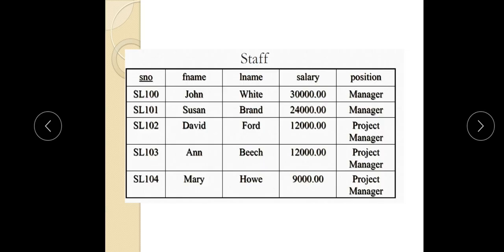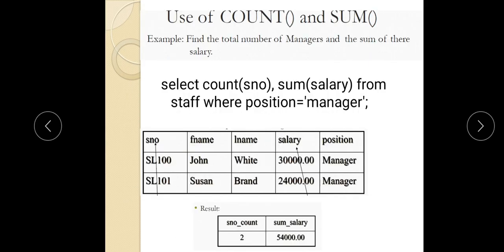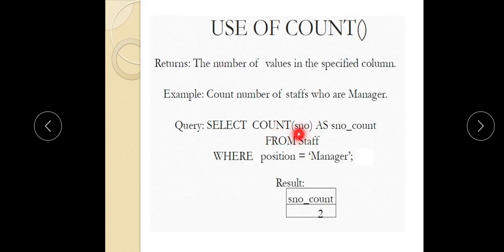We want the number of managers, so we just take the count of serial number for managers. How can we write the query? Select count of serial number from staff where position equal to manager.